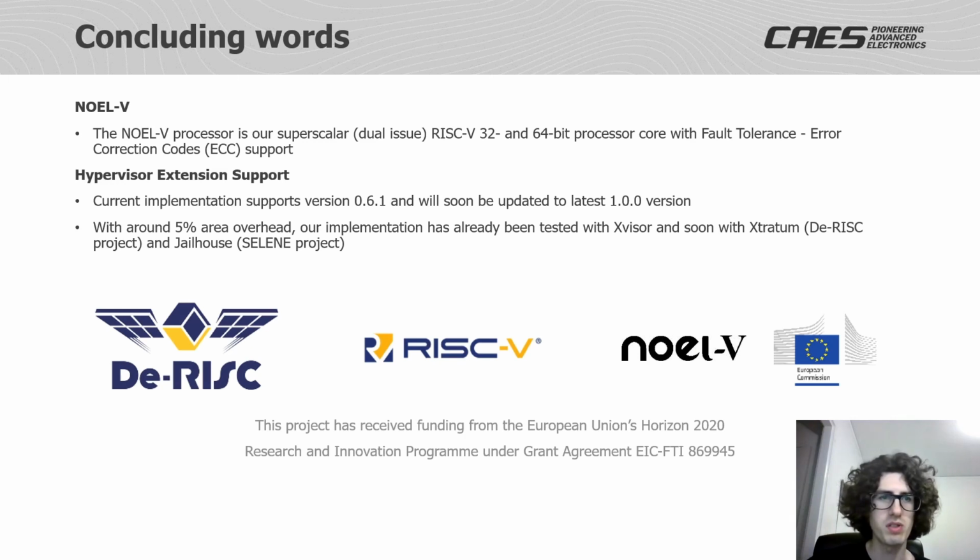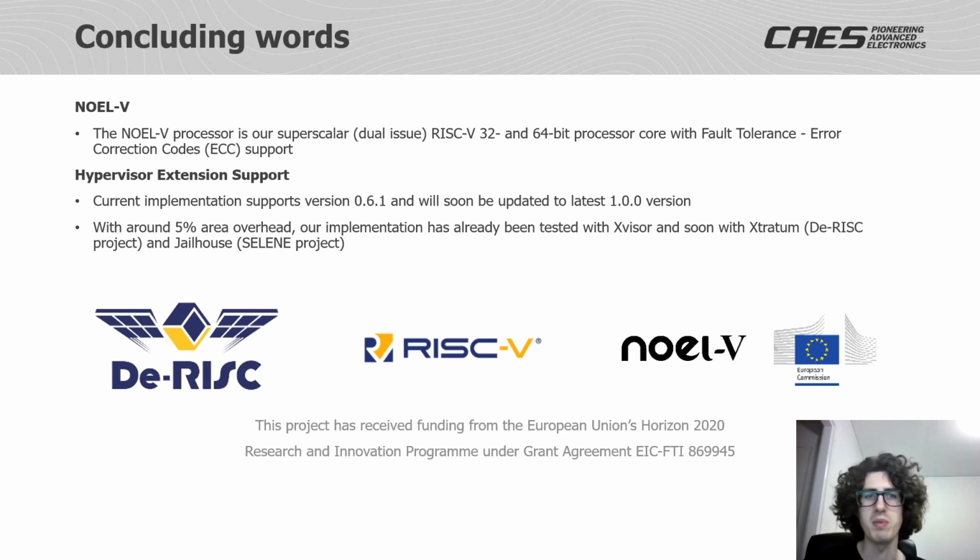In conclusion, we have our NOEL-V processor being a superscalar dual-issue RISC-V, either 32 or 64-bit microprocessor core with fault tolerance error correction code support. With this work, we have added the Hypervisor extension support.